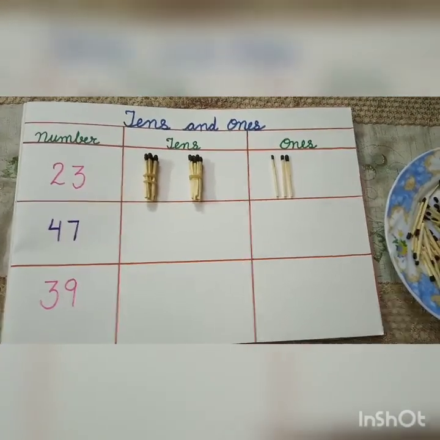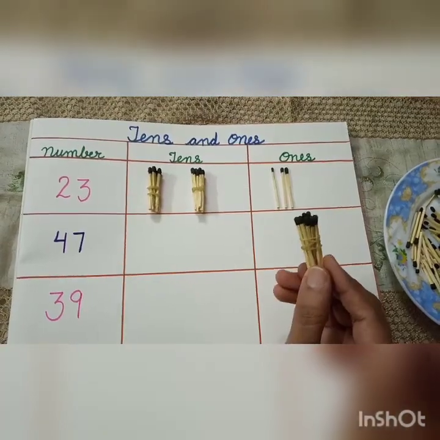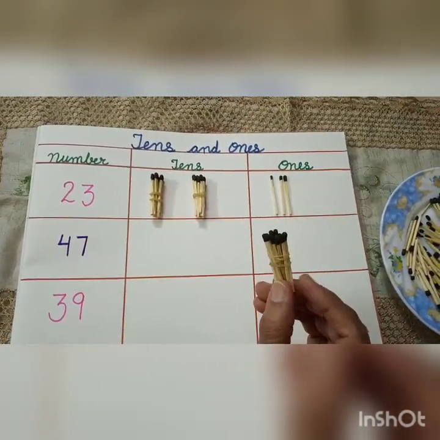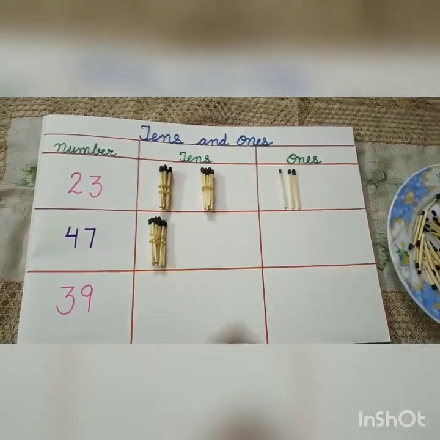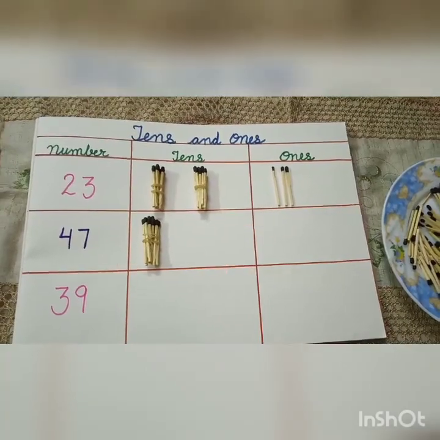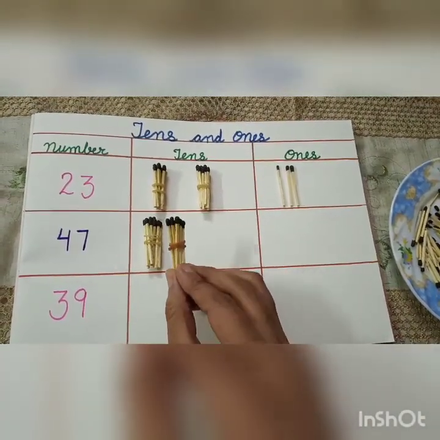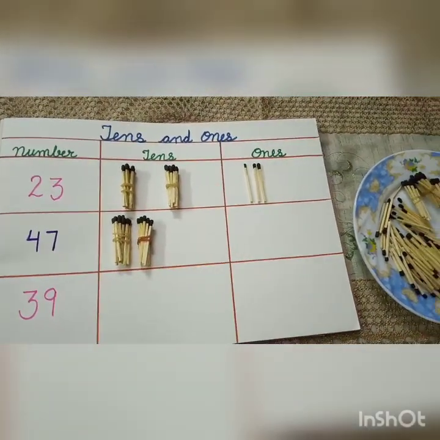Now you know this is the bundle of 10 matchsticks. So this is 10. 10 means how many matchsticks are here? 10. Now I will add one more 10 in this. So it will become 10 plus 10, 20.